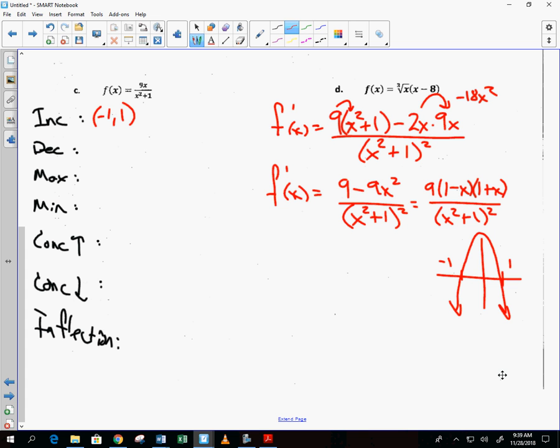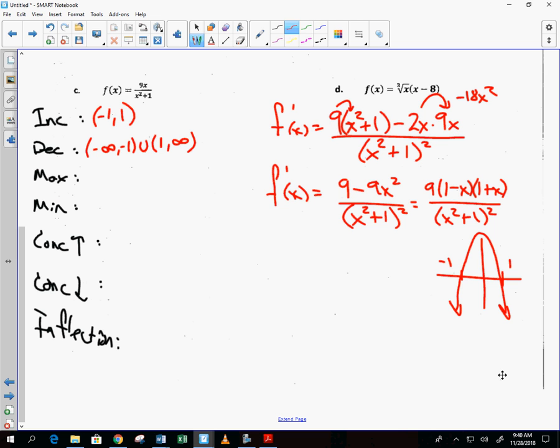That's where its derivative is above the x-axis. Somebody tell me where this is. Because it's 9 minus 9x squared. Decreasing. Union with.